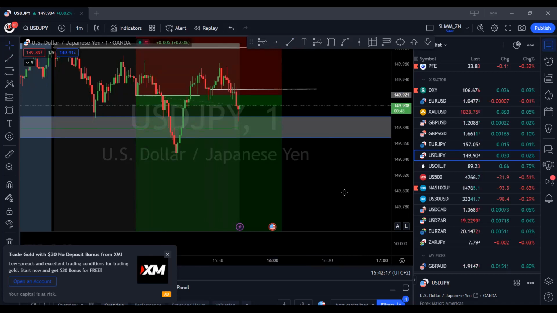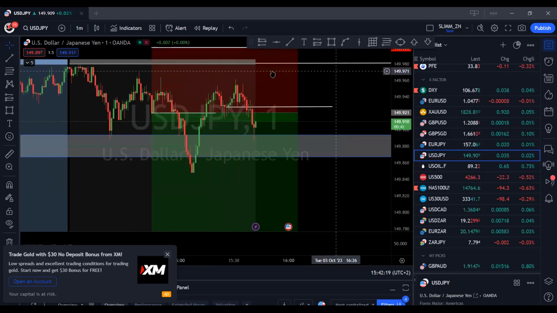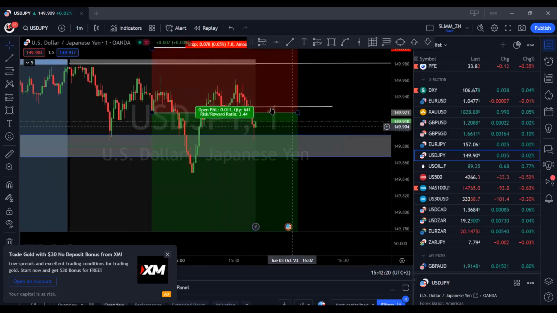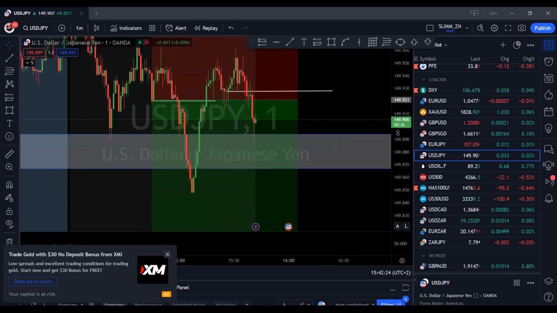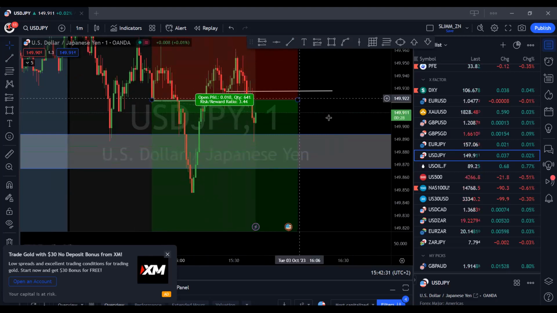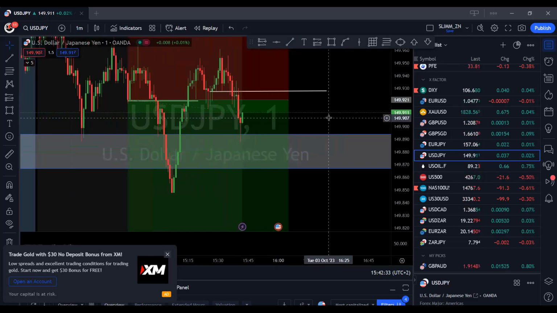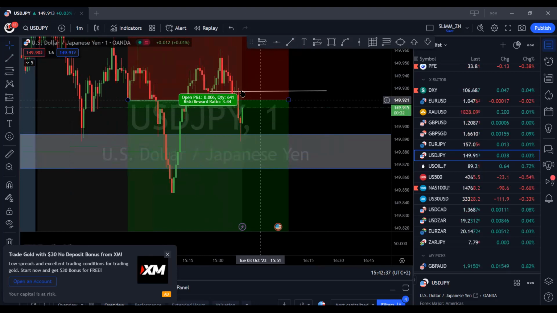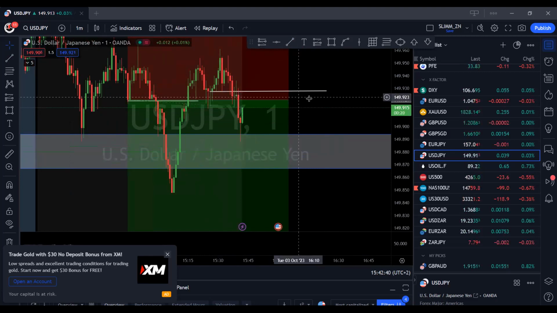Looking at something like this for now. Just want to see what we are pulling back into here. We're going to pull back into the area where I just put a line there. Let's see. I want to see the reaction we're going to get here for me to actually consider sells.